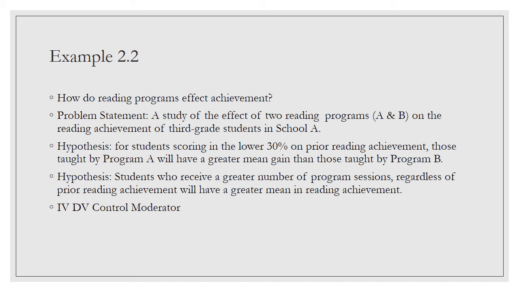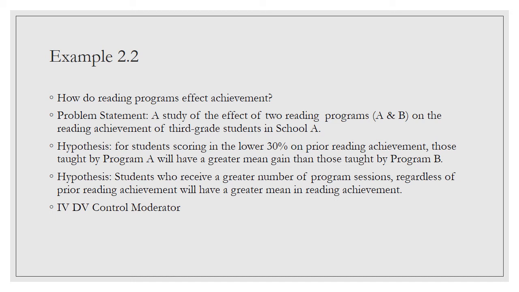A problem statement could be written as a study of the effect of 2 reading programs, A and B, on the reading achievement of 3rd grade students in school A. So you could modify this, obviously, as you're doing research. Maybe they're using 3rd graders because it's an available sample, but you could alter some of this as well. But our general problem statement here is very specific. It gives us a lot of information about the research that we're going to do.